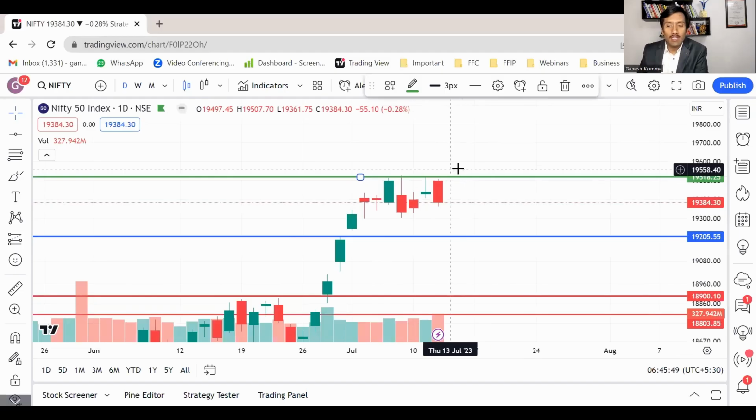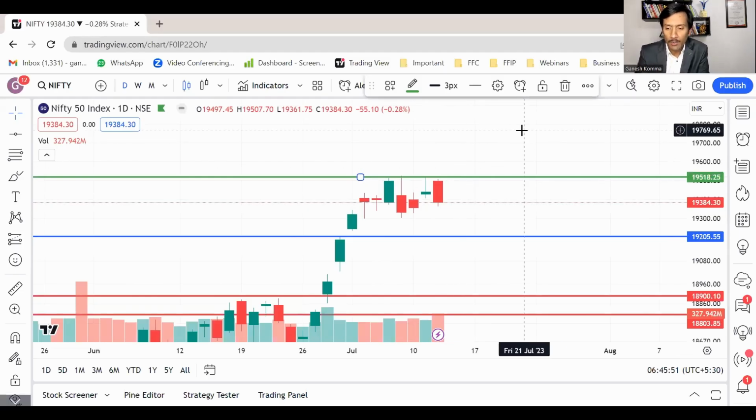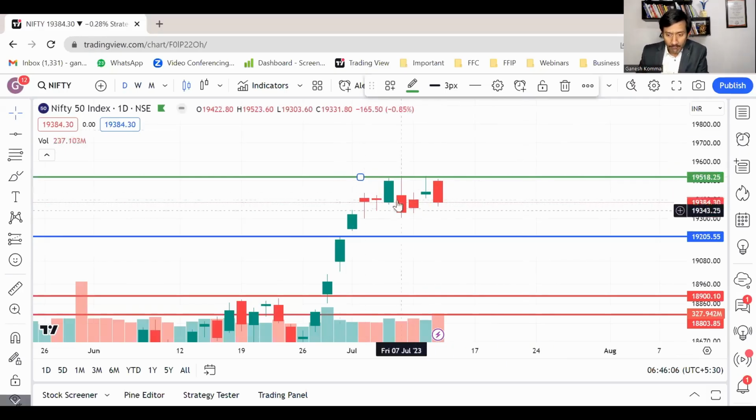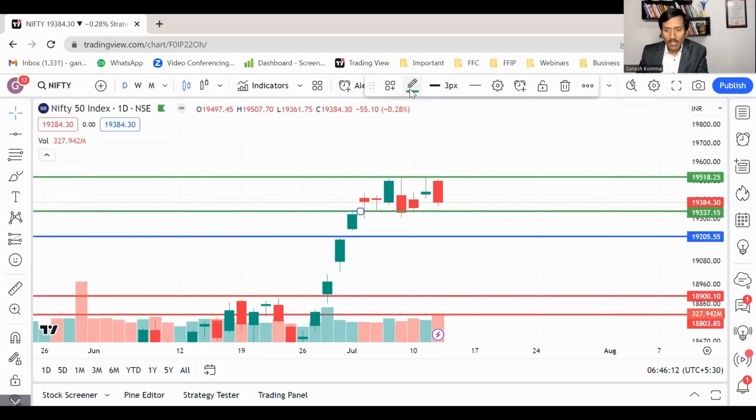It will be entering the blue sky zone. What did I tell you? When it crosses this resistance, this zone is called the blue sky, because there is no further resistance or support there. It will further advance. And at this level, let me again draw the support levels. This is a very good support zone.